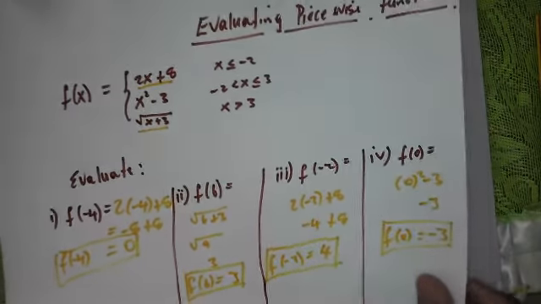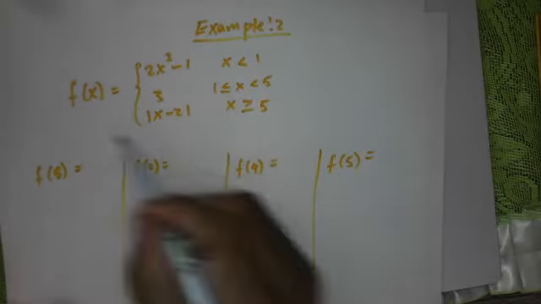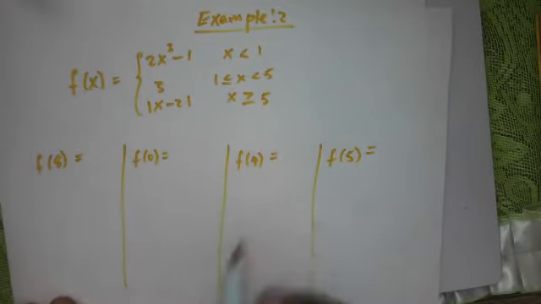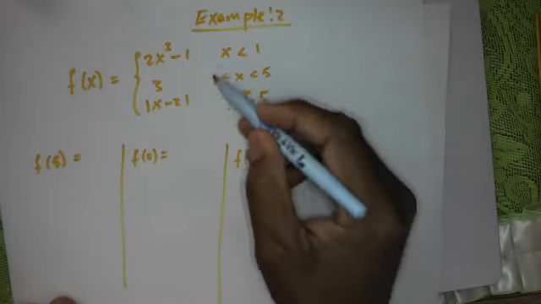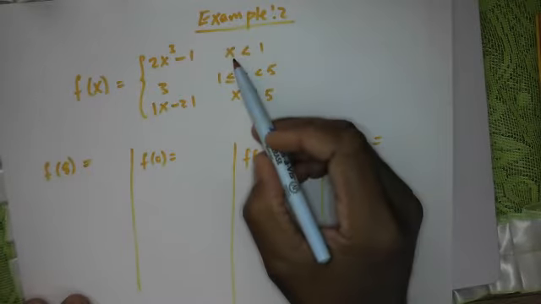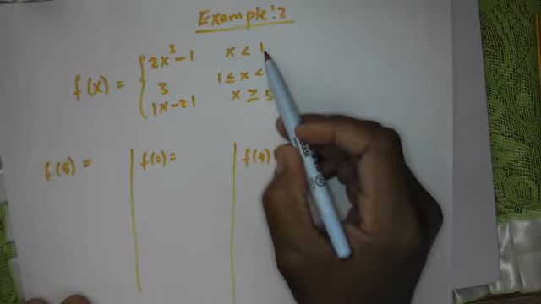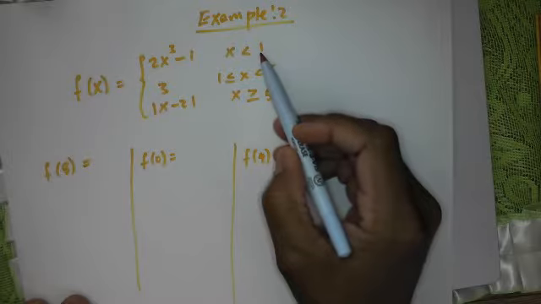Good. Let's look at one final example just for practice's sake. In this case, they gave us this function and asked us to evaluate these. As we said before, the key thing is the constraint. This one says f of 8. This says x is less than 1. So if it's less than 1, 1 is not included.